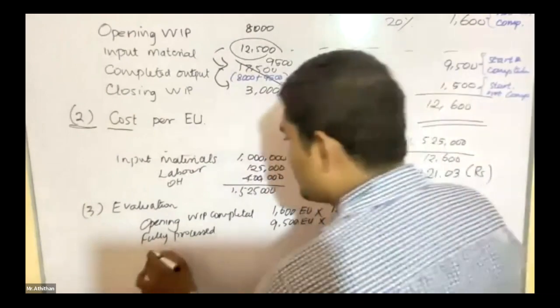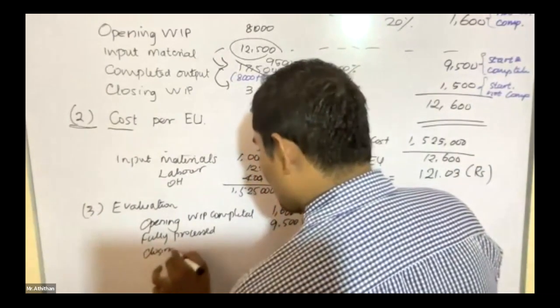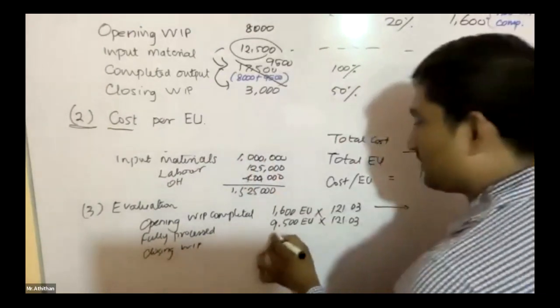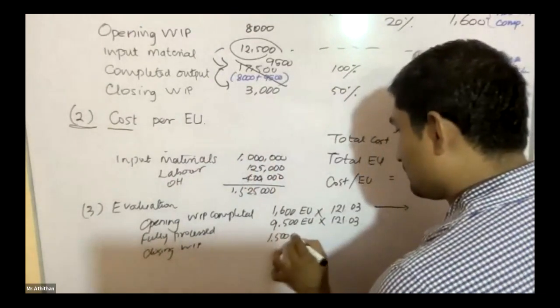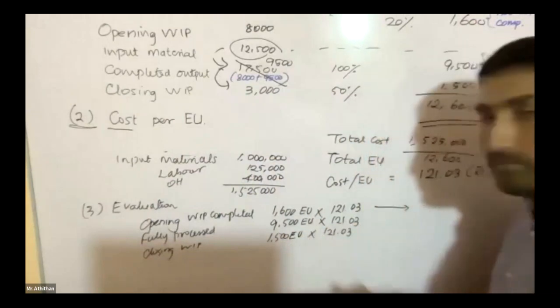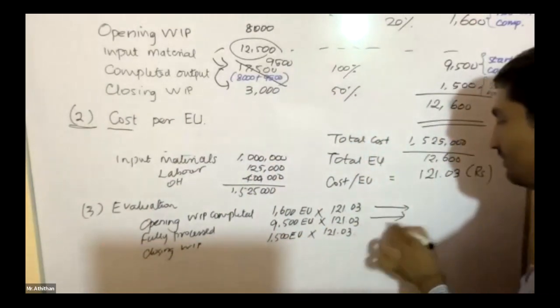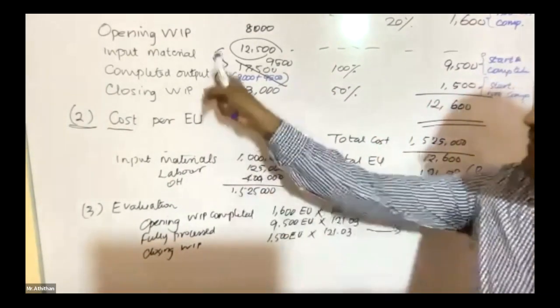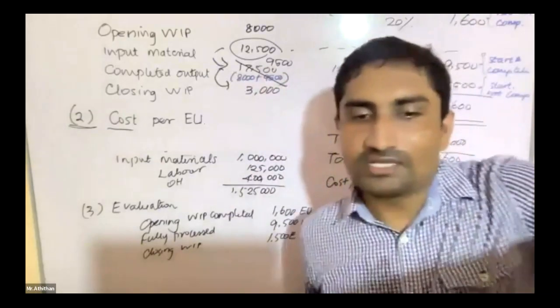Next, closing WIP: 1,500 EU into 121.03. So we need to find what the amount is. We are taking every amount separately.